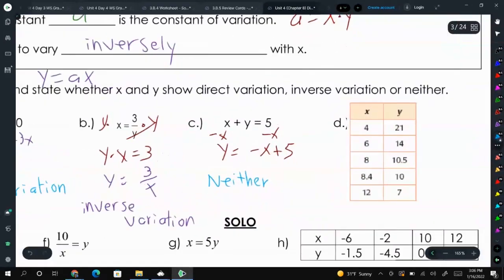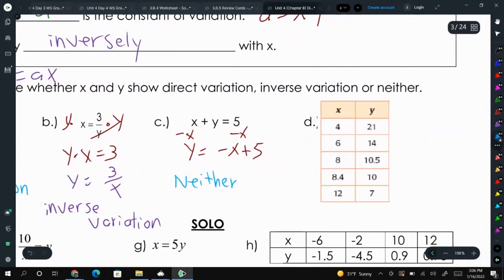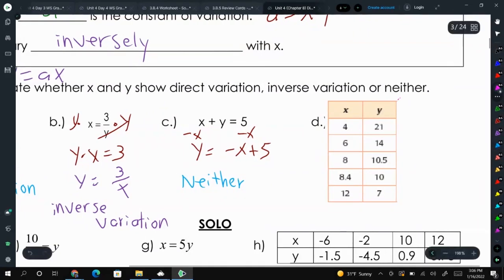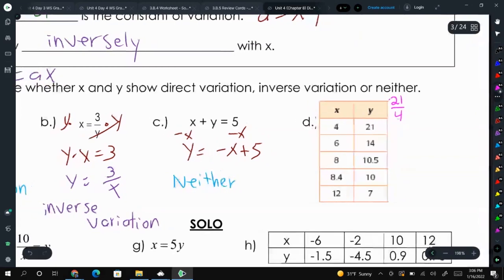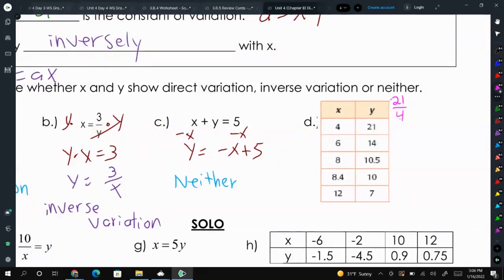Letter D is asking us to figure it out from a table. So what you have to do is divide your y over x to see if they get the same value for all of them. If you do, that means it is direct variation. Or if you're going to test for inverse variation, you would multiply x and y.